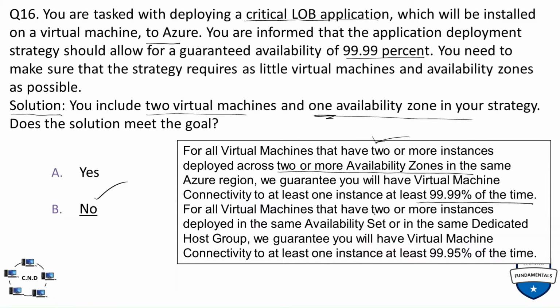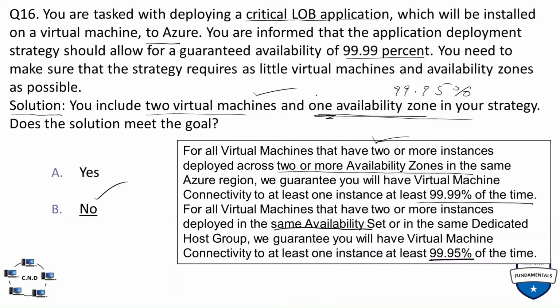For all virtual machines that have two or more instances deployed in the same availability set or in the same dedicated host group, we guarantee you will have virtual machine connectivity to at least one instance at least 99.95%. So in this case, if your resources are deployed in one availability zone, then you have 99.95% availability.